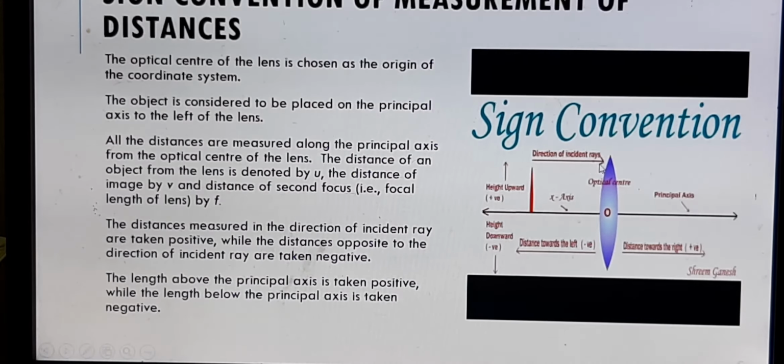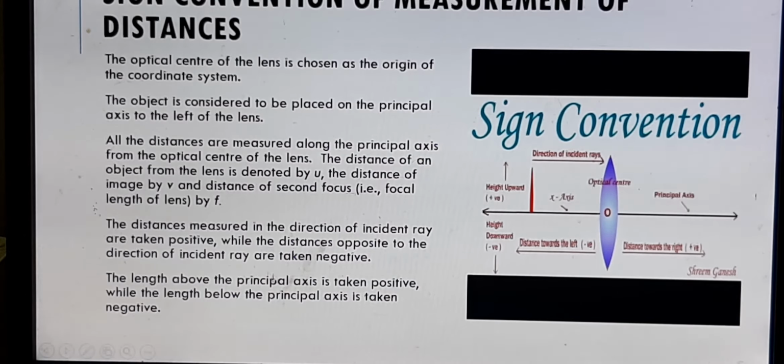All the distances that we measure in this direction, from left to right, are taken as positive. And whatever distances are measured from right to left are taken as negative. And remember, from where should we start measuring? Always from the optic center. So that is the next rule.